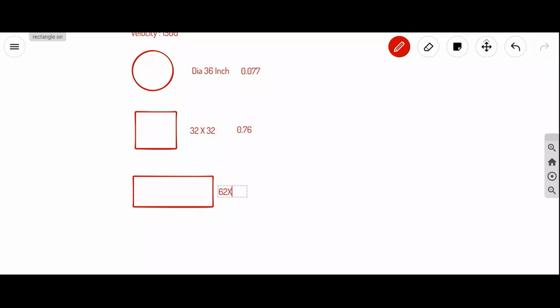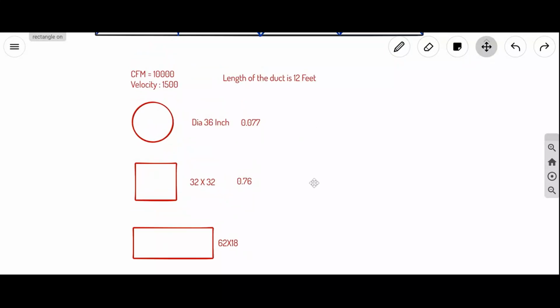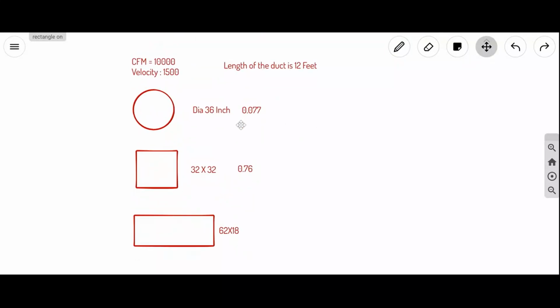So these are the different sizes of ducts for the same velocity, right? What is friction basically? This is head loss only; I didn't find total friction. Air friction is the opposing force, and friction depends on the area.